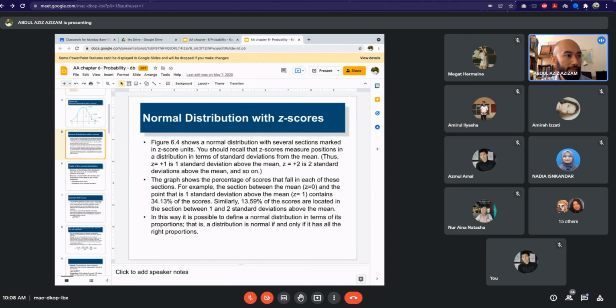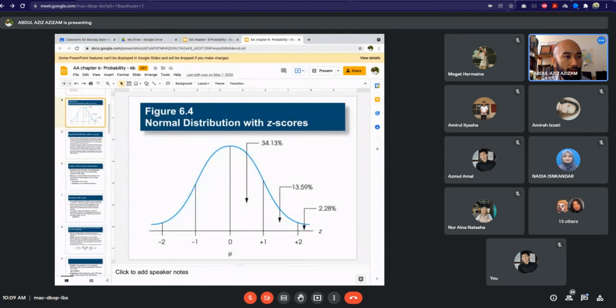Similarly, 13.59% of the scores are located in the section between 1 and 2 standard deviations above the mean. Okay. Untuk kawasan ini pula, kawasan antara 1 dan 2 ni ada 13.59%.